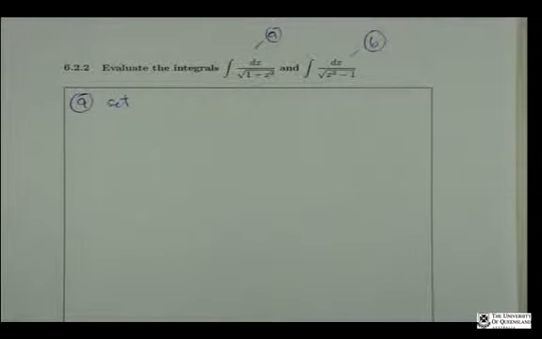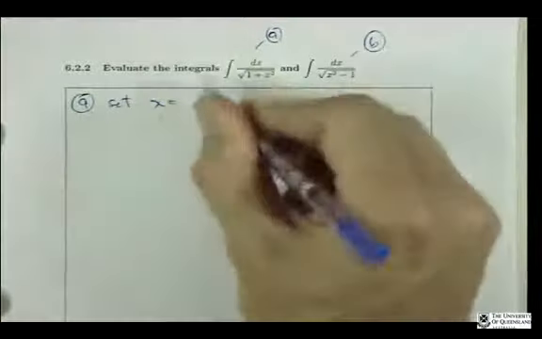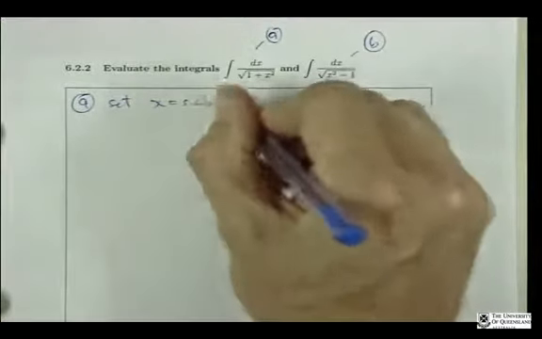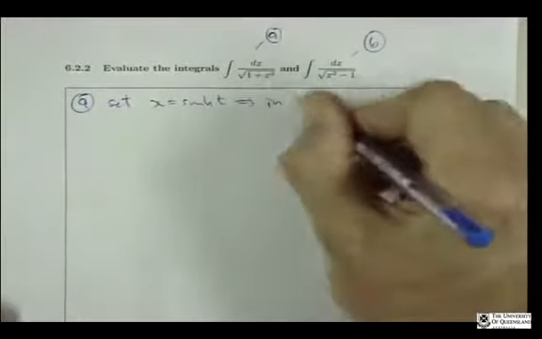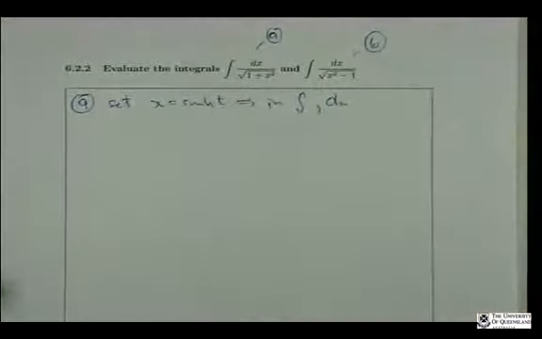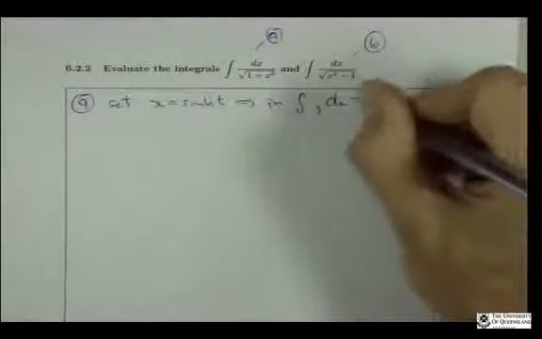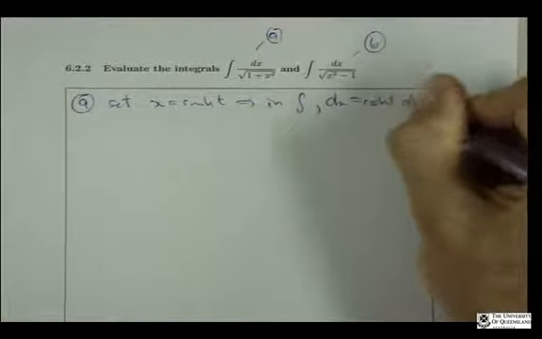But here, this is just expanding your toolkit and helping you become familiar with hyperbolic functions. For this first integral, we'll set x equal to sinh t. So that implies in the integral, when we make our substitution, we can more or less replace dx with cosh t dt.